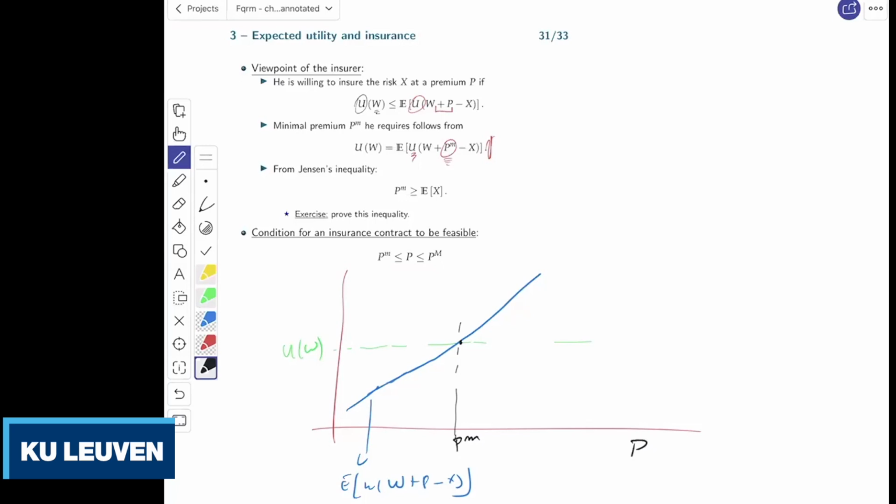Right? So for the insured, it was a maximal premium. For the insurer, it's a minimal premium. Right? The insured wants to pay the maximal premium or less. The insurer wants to receive the minimal premium or more. All right?